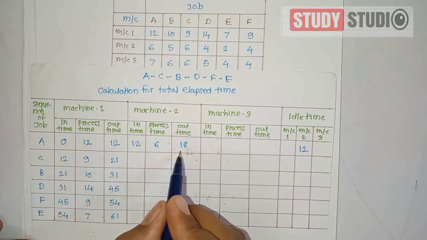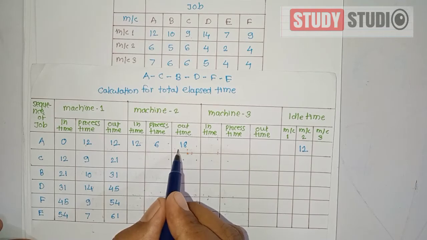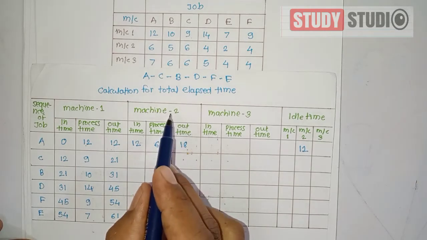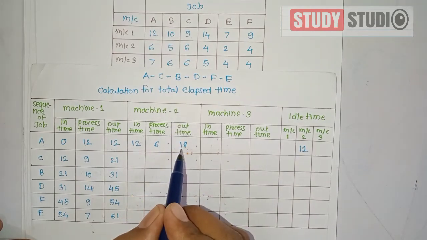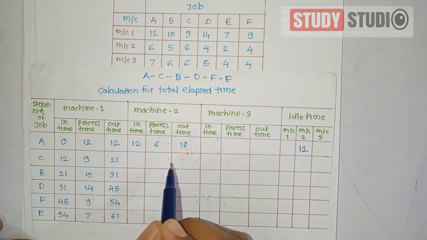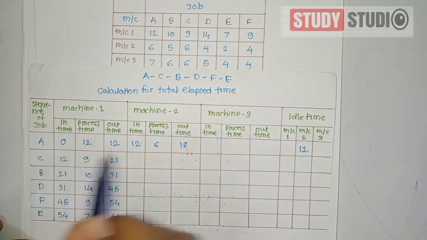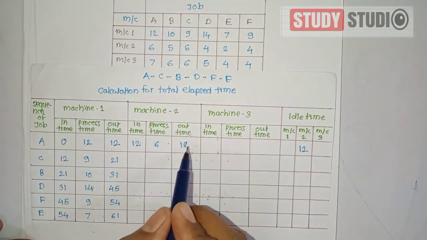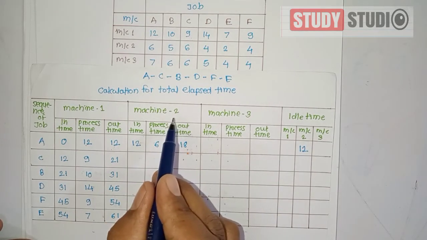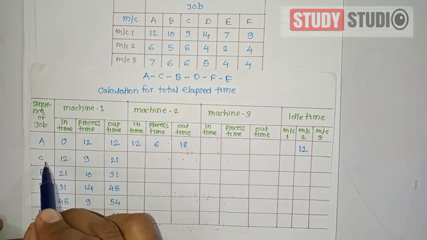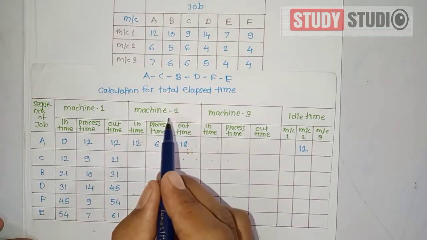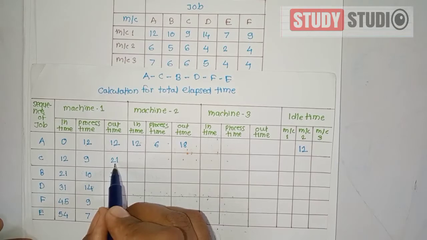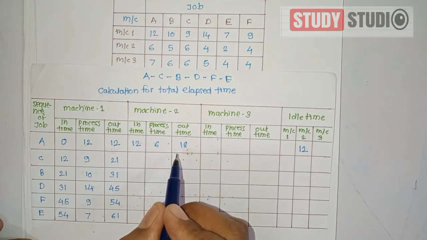So after completion of job A at 18 hours, machine 2 has to wait for some time before job C arrives on machine 2. So the total waiting time for machine 2 till job C comes to machine 2 is 21 minus 18, that is 3 hours.